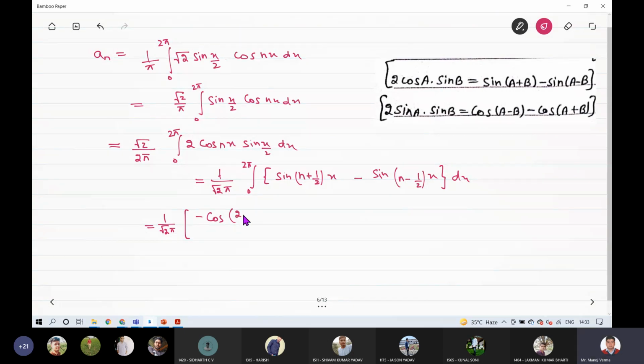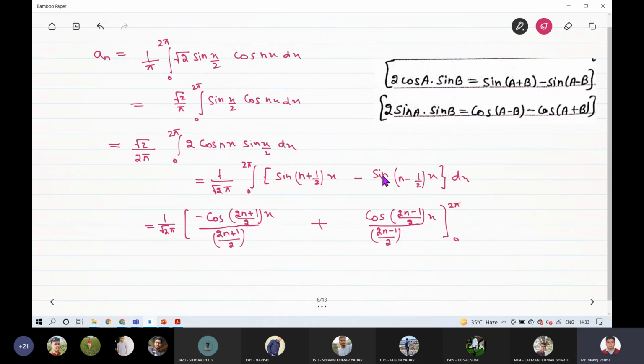This will be minus cos of (2n plus 1) by 2, divided by (2n plus 1) divided by 2, and x, plus cos of (2n minus 1) divided by 2, divided by (2n minus 1) divided by 2, x, and the limits were from 0 to 2 pi.